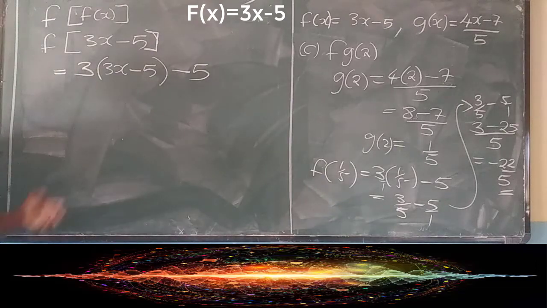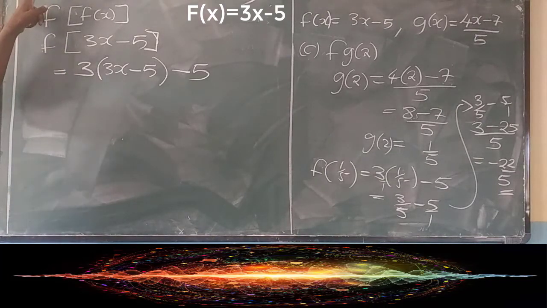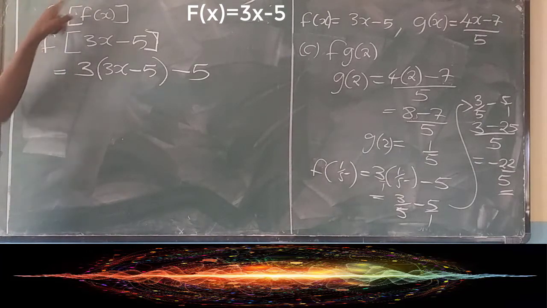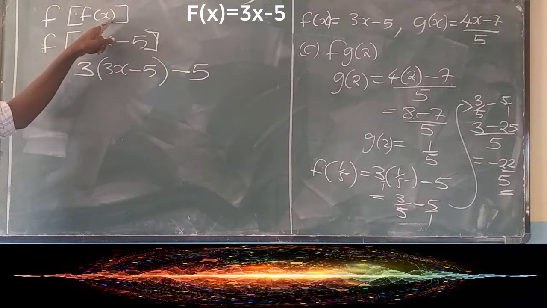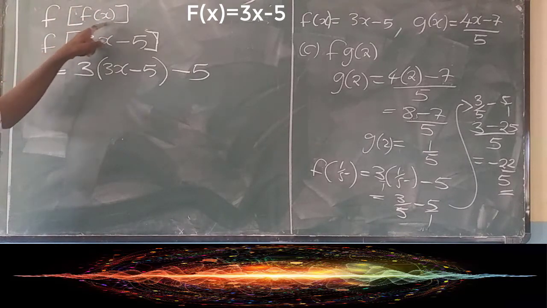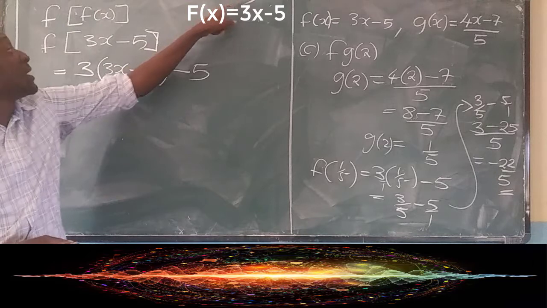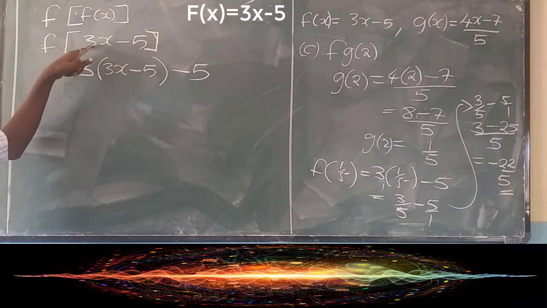Okay, so what we have done is we have combined f with itself. So here we have f of x, which we have written like this. And then f of x, this one is this function here, and this is what we have written in the brackets. Okay?